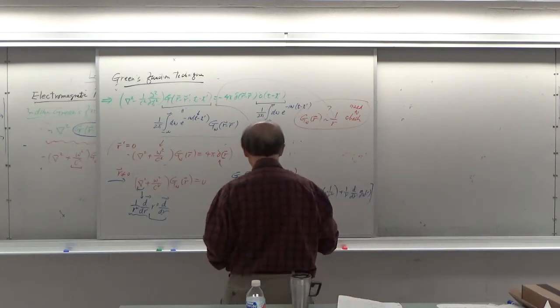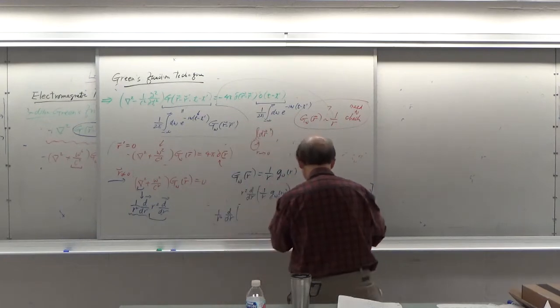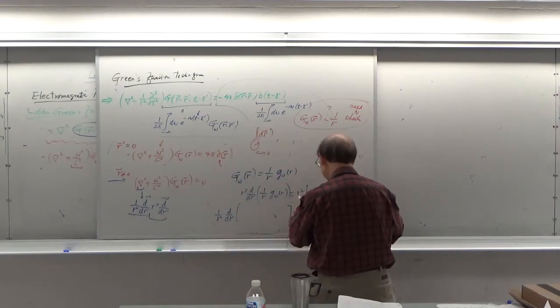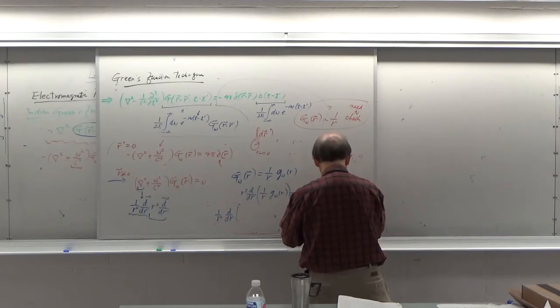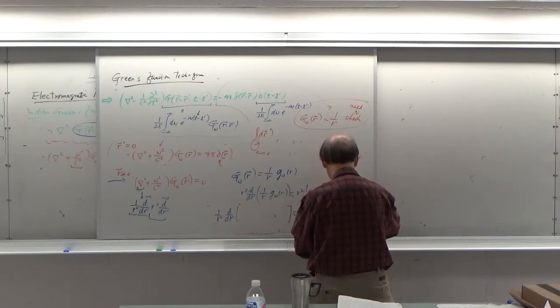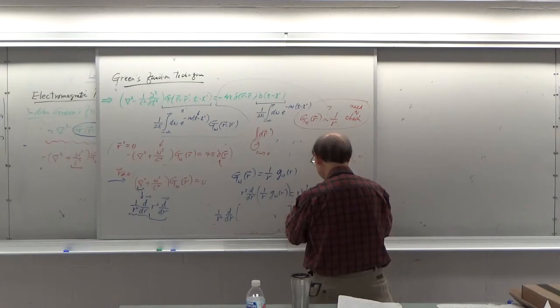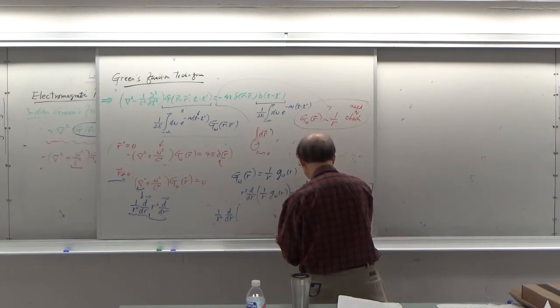Let me separate this. So this r squared times r, there's one factor of r. And for this one, r squared cancels r squared, that is minus 1. So that's minus g.